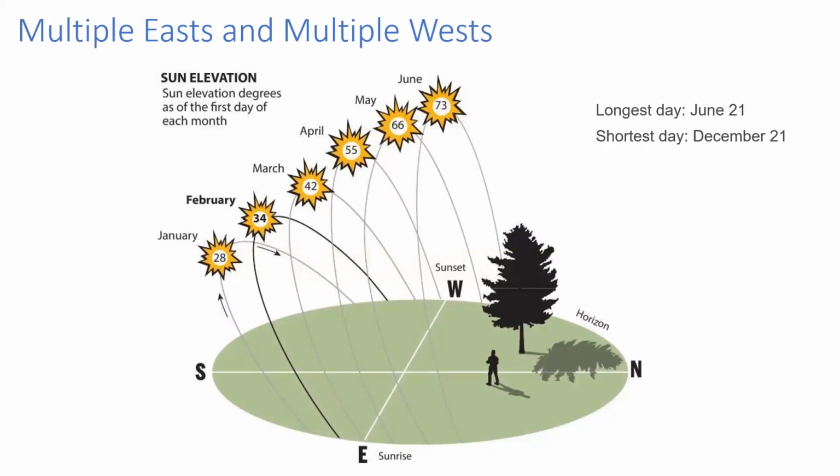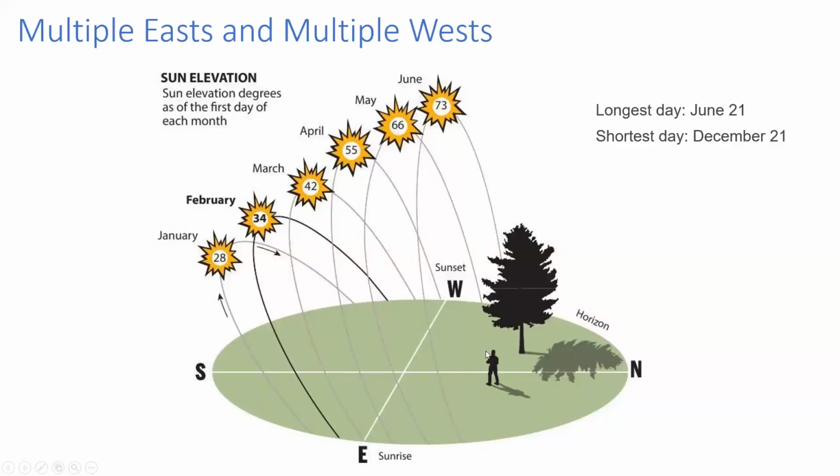But for us, suppose we are sitting somewhere on the surface of the earth, and this is west and this is east, and sunrise will start from here. As we move from one month to another, starting from January, February, March, April, May, June, and again back, you will see sunrise in January is happening from this point.